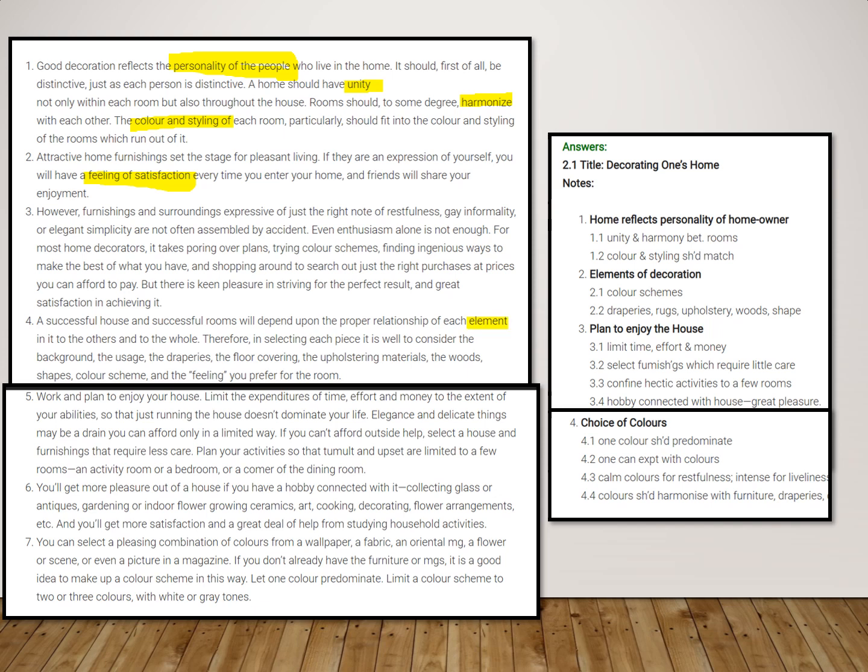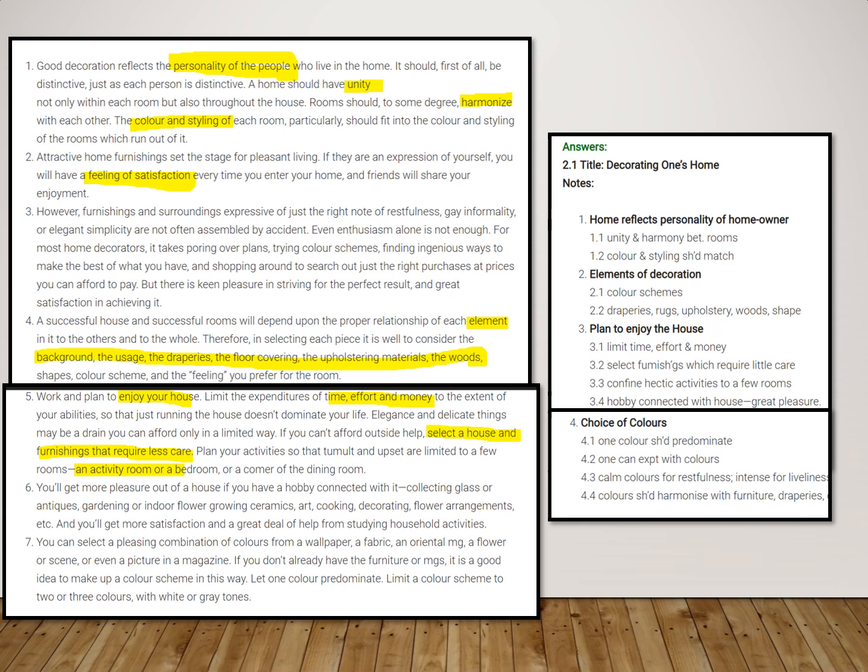The elements of decoration have to be there. There should be specific color schemes that can be reflected in the draperies, the rugs, the upholstery, etc. And you have to have a plan to enjoy your house. You have to feel wanted there, and you should feel welcomed in your own house. So you need to limit the time, effort, and money spent. You need to select furnishings which require little care, and confine hectic activities into one room.